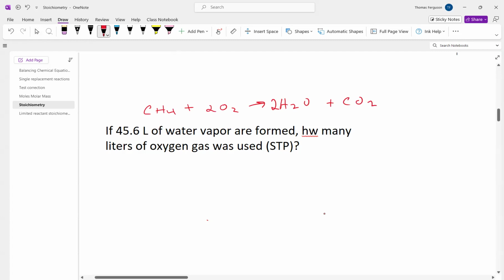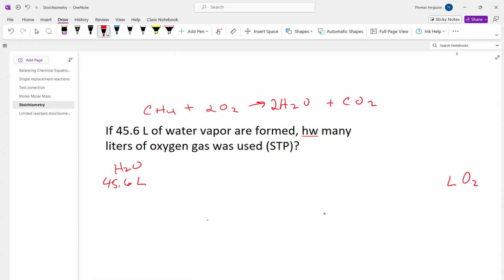Okay, step number one is balance the equation. Boom, done. Okay, what's given? 45.6 liters of water. And we're trying to calculate liters of oxygen gas.